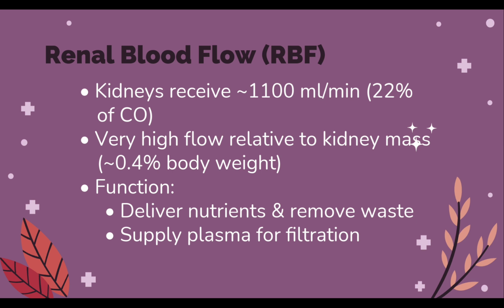The kidney weight is around 0.4% of body weight, but comparatively it receives a high blood flow, about 22%. Why do they get such an increased amount of cardiac output? Because we have to deliver nutrition and remove waste, and we have to supply plasma for filtration.